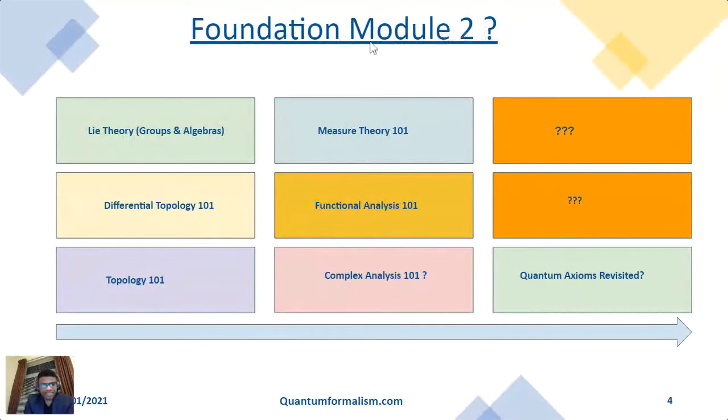So I think, given where we are in the foundation module, the next logical step is probably to cover Lie theory a little bit more in depth. So Lie groups and Lie algebra stuff. But to cover these, because they have the manifold structure on them, we need smooth manifold stuff. So we need differential topology, and to work with differential topology, obviously we need to start from the basics, which is dealing with topology itself.